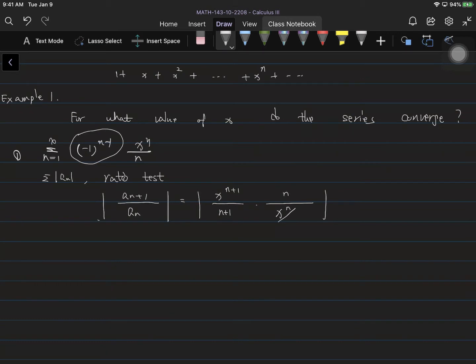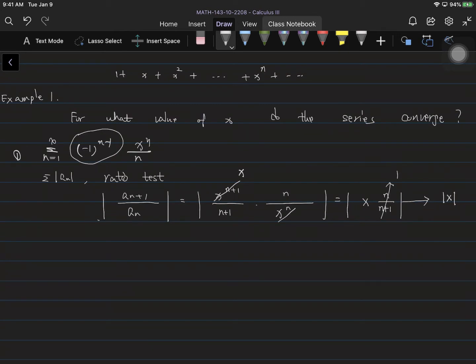Now simplify. Cancel x^n and x is left. We still need the absolute value here because we don't know if x is positive or negative. Let's take the limit. The limit of n over n+1 goes to 1, so the whole limit goes to the absolute value of x.